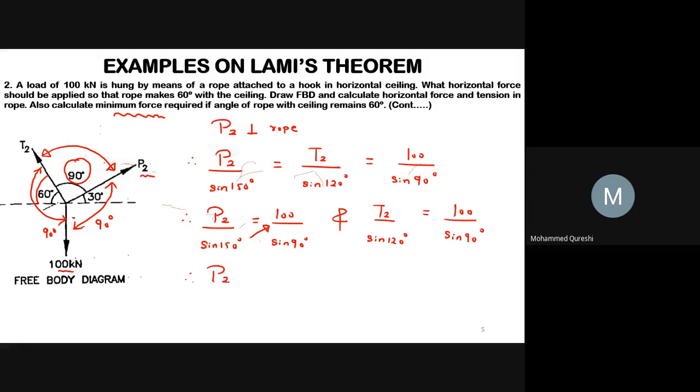Therefore, you will get the value of P2 as 50 kilonewton, and T2 equals 100 into sine 120 divided by sine 90, so you will get the value of T2 as 86.60 kilonewton. So this P2 is your minimum force that is required, 50 kilonewton, if the angle of the rope with the ceiling remains 60 degree.